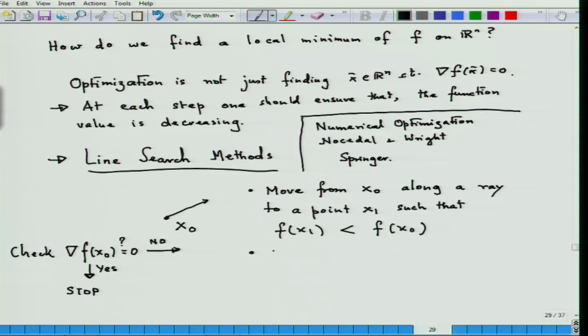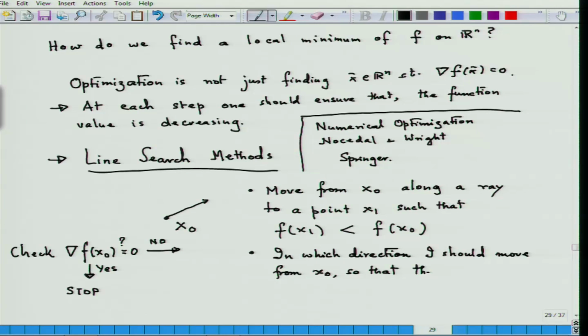So, my next question is: in which direction should I move from x naught so that my function value decreases?